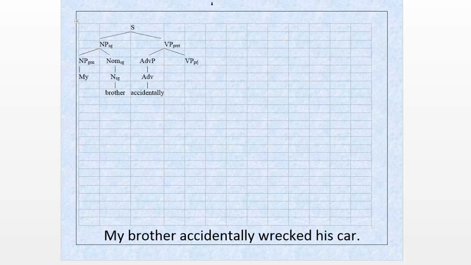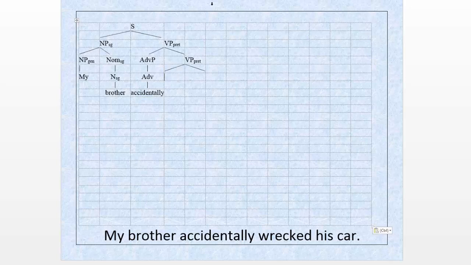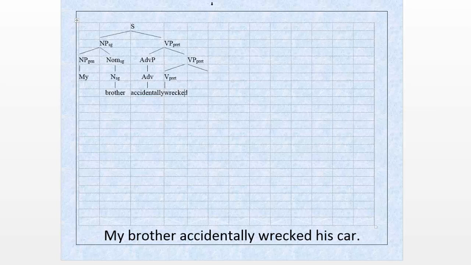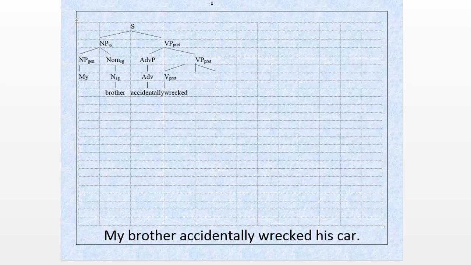So my brother accidentally, what did he accidentally do? Wrecked his car. So the adverb phrase combines with a verb phrase to give you a verb phrase. Then we'll have the verb, which is wrecked. Again, let's create a little more space here and get things lined up nicer.